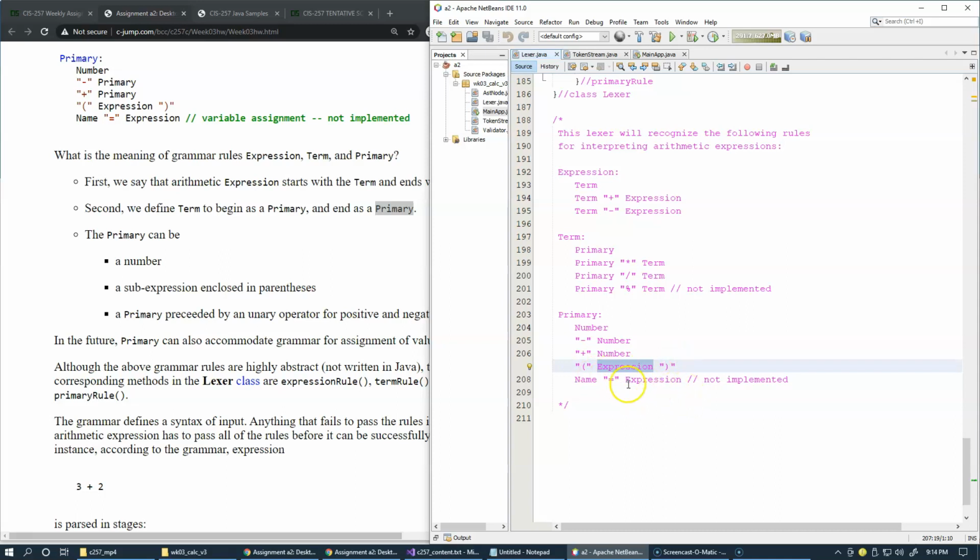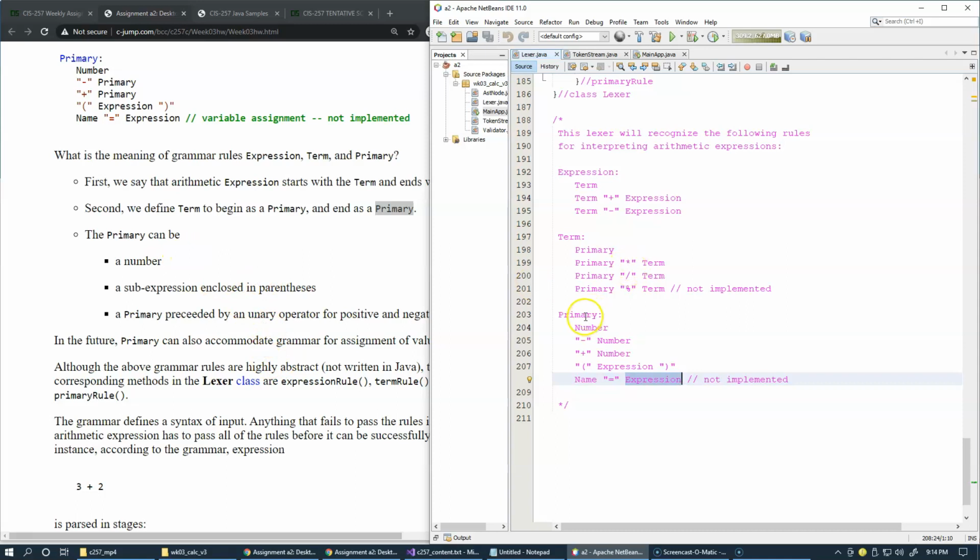In addition to this, in the future, we can use assignment here and say that some kind of variable name can be followed by the assignment operator and the expression that follows, that everything defined at the top starts here again, and so we can implement the assignment this way.